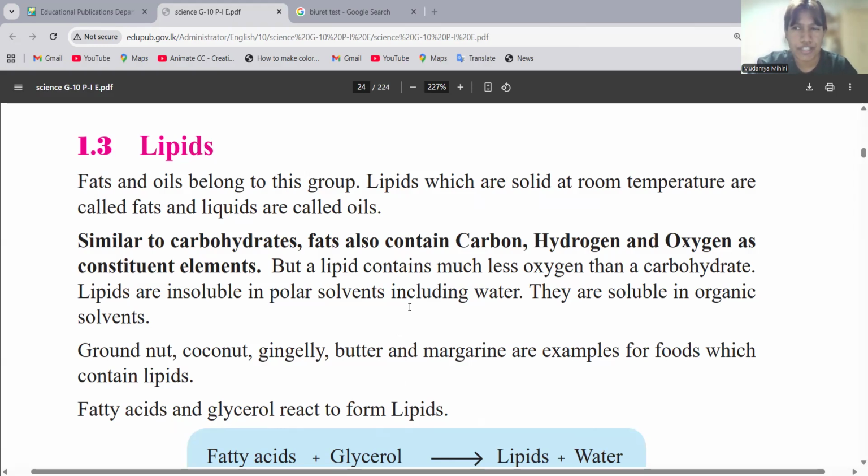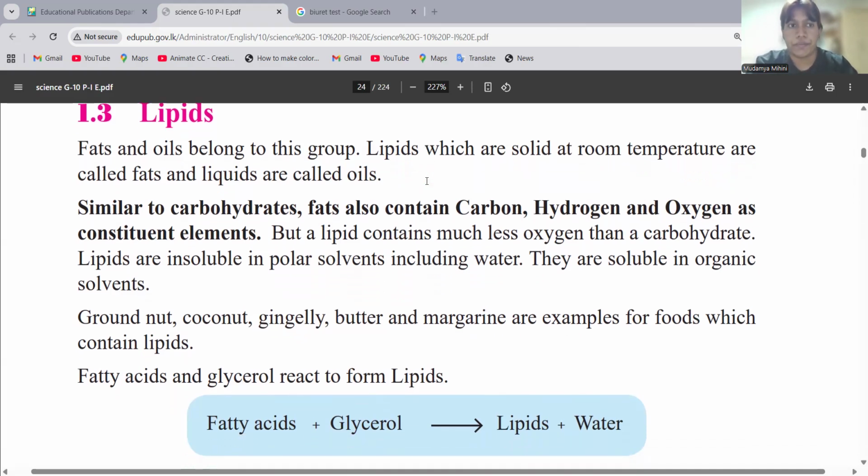What are fats and oils? Fats are lipids that are solid at room temperature, and when it's liquid it's called oils. So remember that it's important why lipids are divided into two, fats and oils, because at room temperature this is solid and this is liquid.